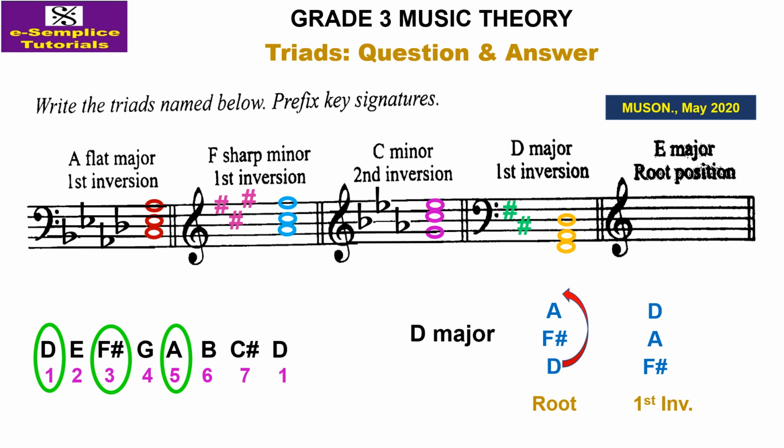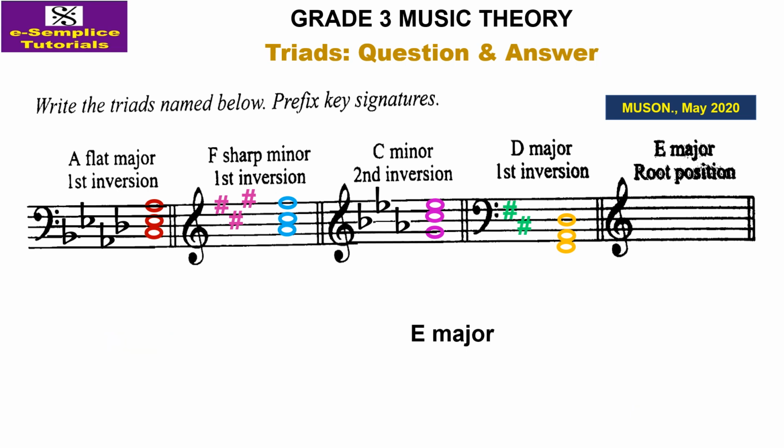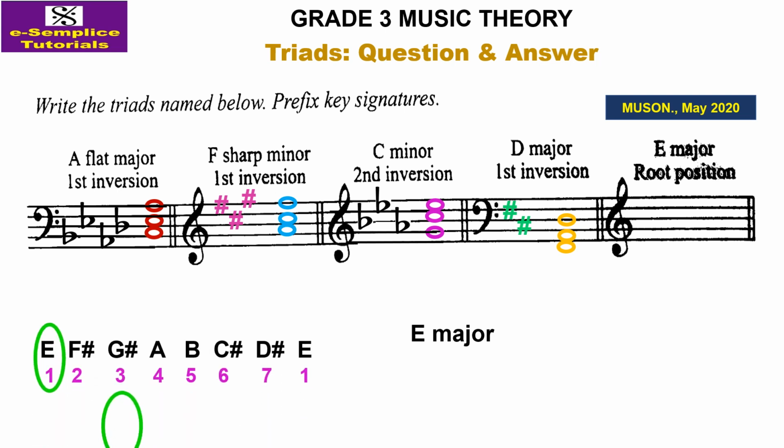Let's move to the last one. E major root position. The normal process. Stack. You have E, G sharp, and B. But let's prefix the key signature of E major.